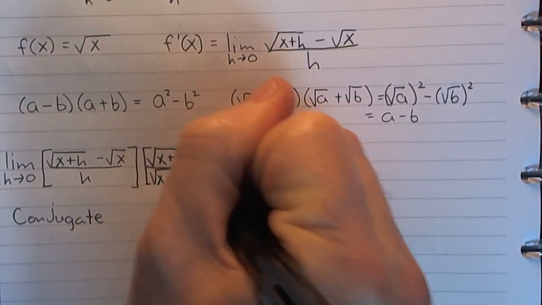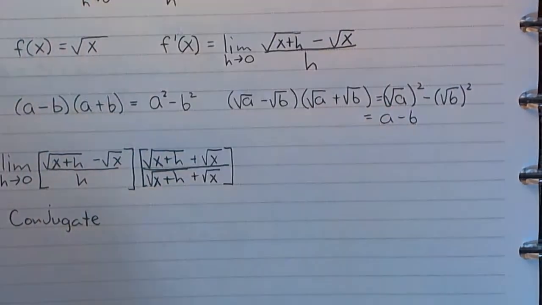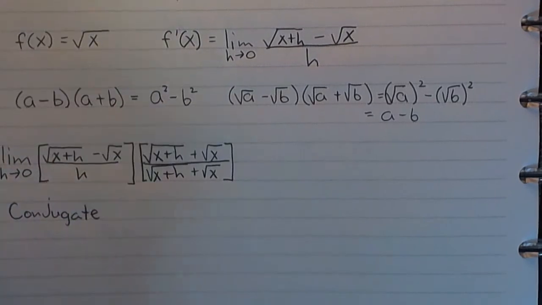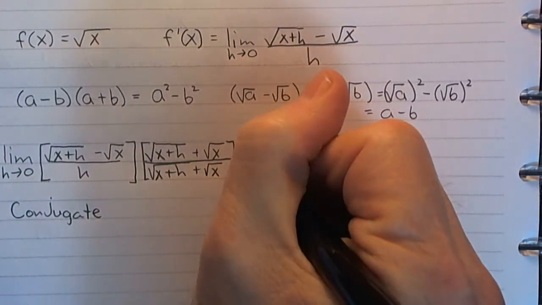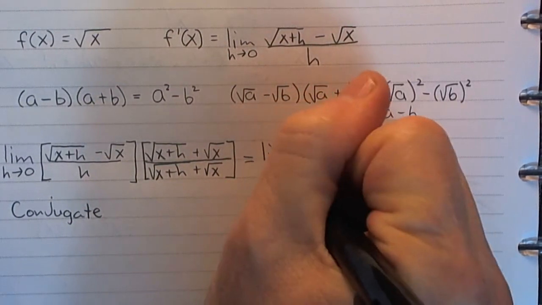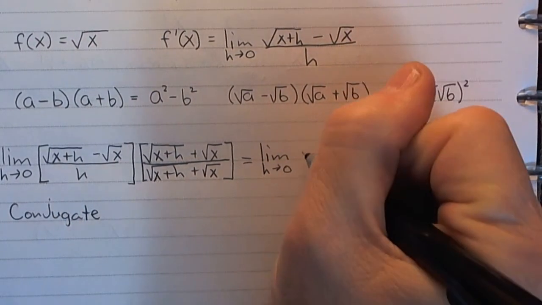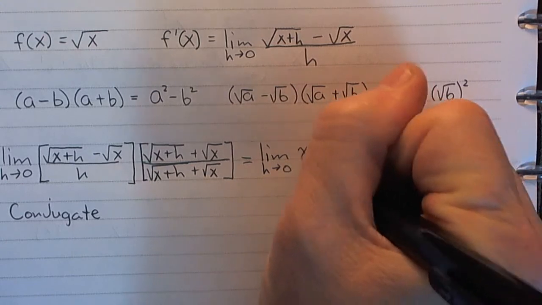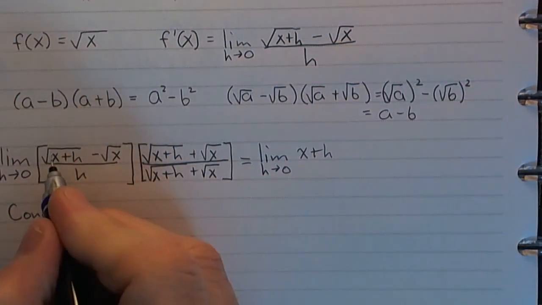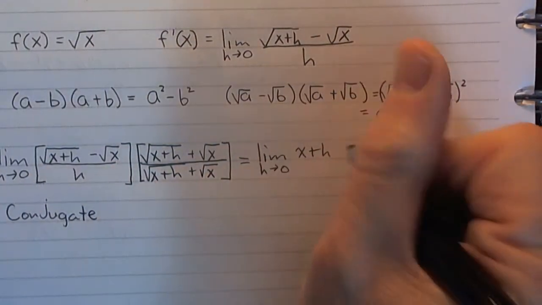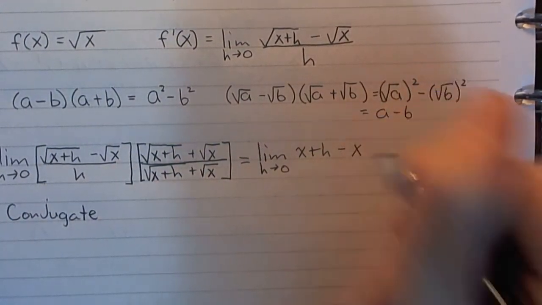Like this. Now, when we do that, remember to carry along your limit, what you're going to get up top is just the first term squared, which is x plus h, right? The square root of x plus h squared is just x plus h, minus the square of the second.